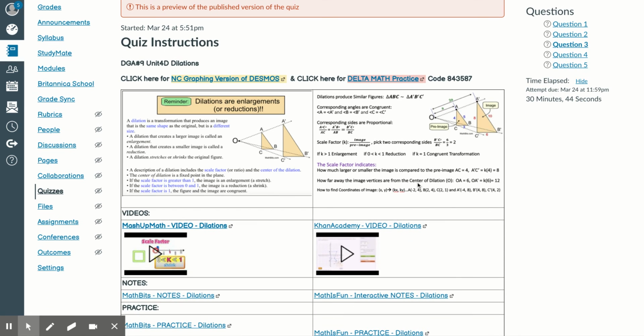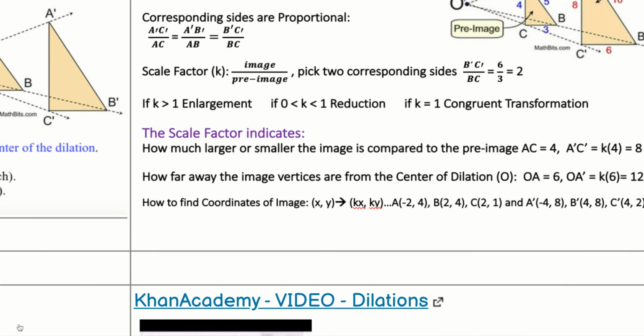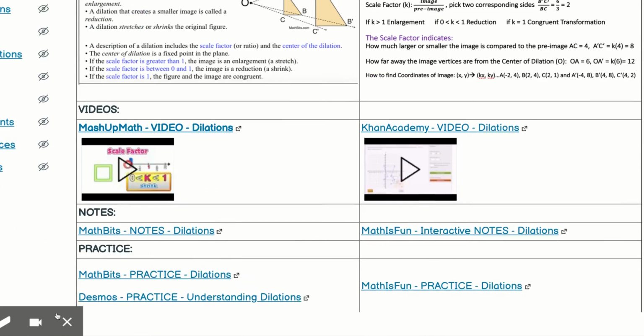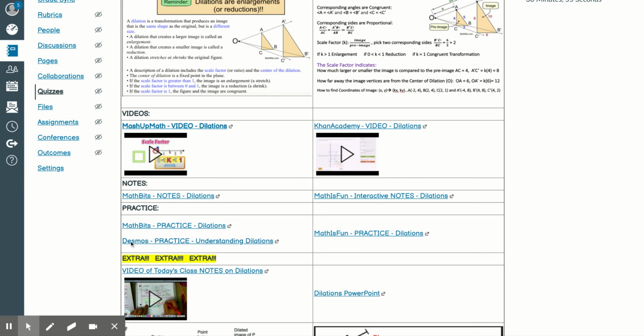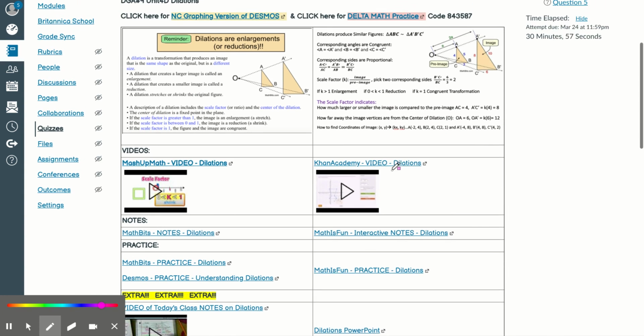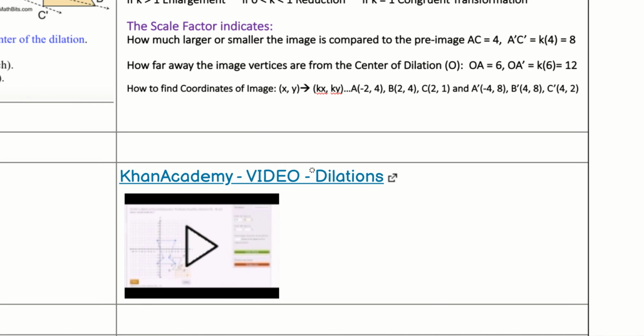So you have to find the coordinate that it's asking you about. And then, like I showed you up here, if you have a coordinate for your pre-image and you need to find the coordinate for your image, then you just take both your X and your Y and you multiply it times the scale factor, and the scale factor was 2, not 3.